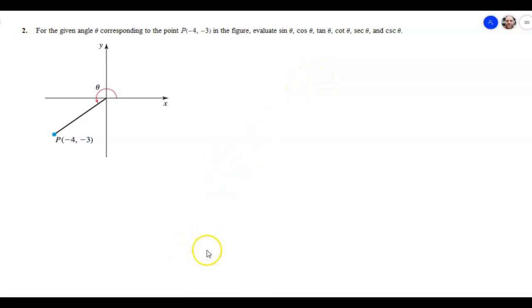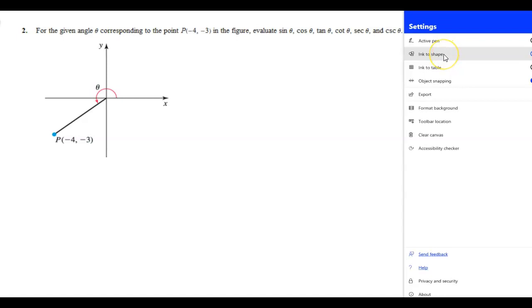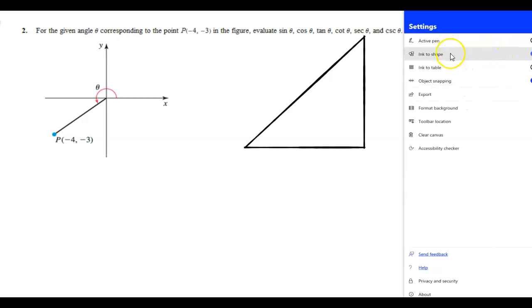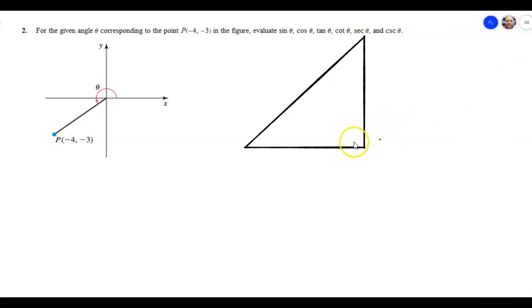And real quick, let us do just a real quick refresher on why these trig functions came into being here. So if you take a right triangle, and we have a right angle, 90-degree angle.